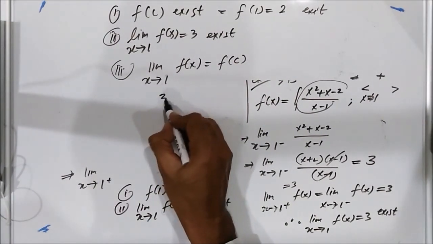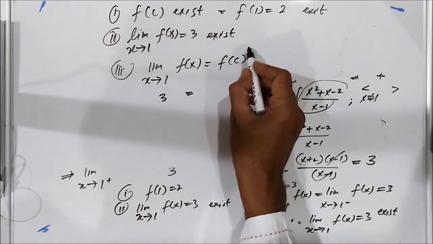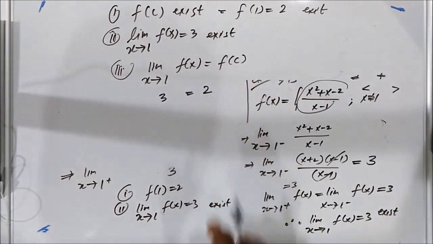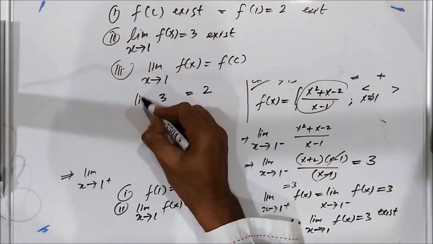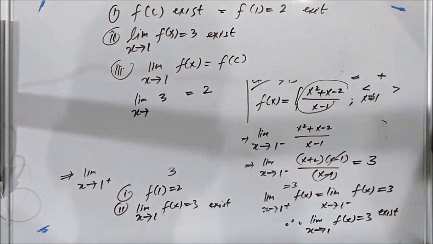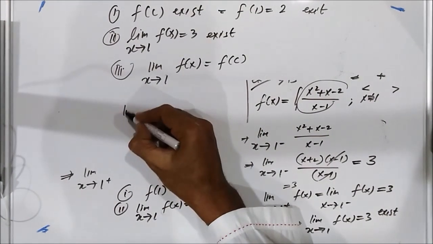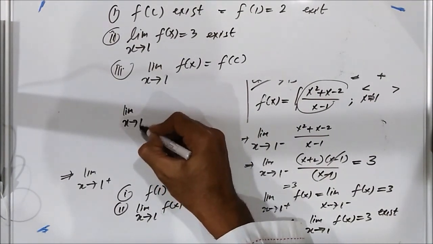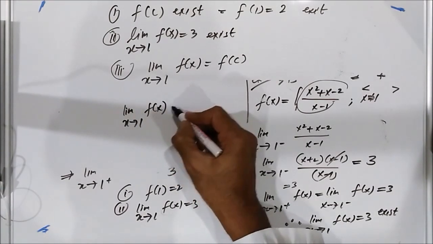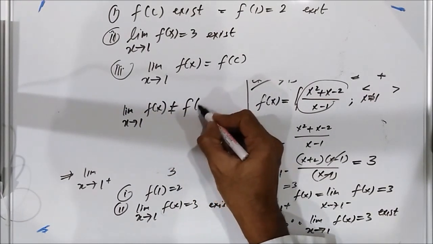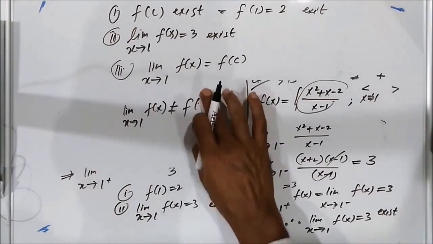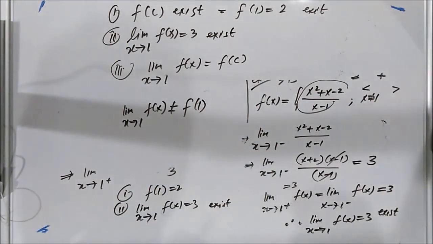So this is equal to 3, and this is not equal to 3, because f(1) is equal to 2. So for our case, the limit of x approaching 1 of f(x) does not equal f(1). So this is not continuous.